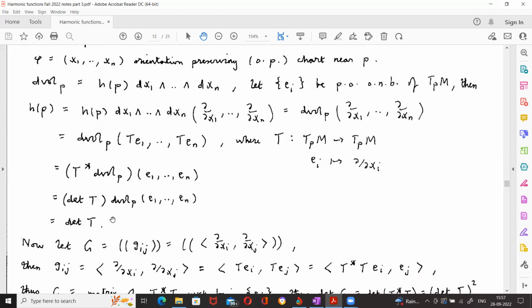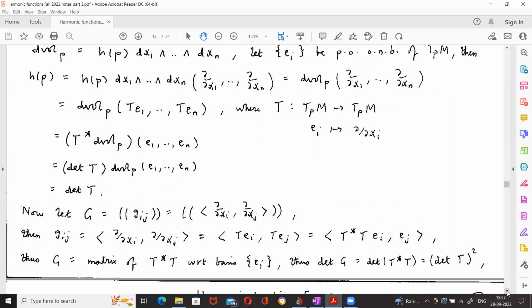Okay. Now we can calculate this using the metric as follows. So let G be the matrix of the Riemannian metric. Remember the components Gij are nothing but inner product del del xi, del del xj. So what is Gij? Well, this is inner product del del xi, del del xj, and del del xi is T of Ei. So this is inner product TEi, TEj.